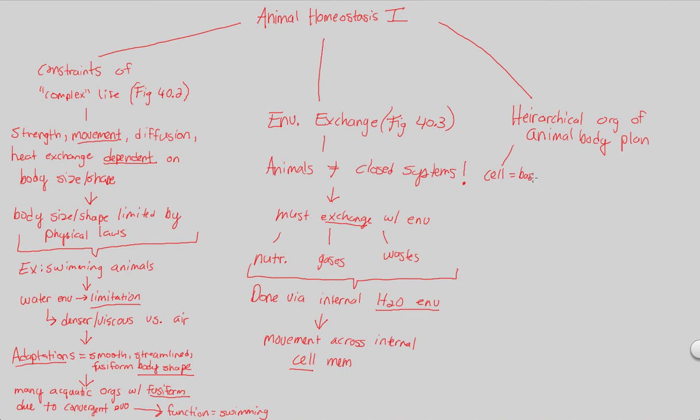Everybody knows this. This is the basic structural and functional unit of life. But animals are multicellular. So what happens when you put a bunch of cells together? You are going to have tissues, of course. And then what happens when you put a bunch of tissues together? You all know the story. We get organs. And then what happens when you put a bunch of organs together? You, of course, get systems, and you put all the systems together, you get the organism as a whole, right?